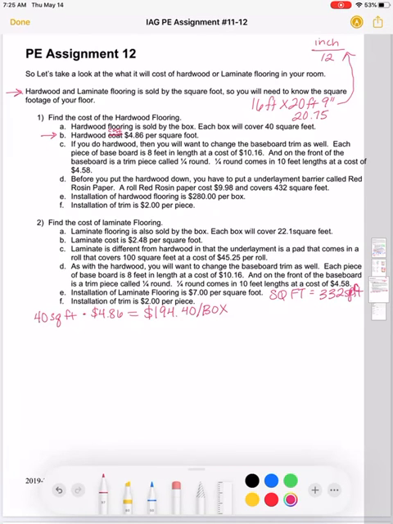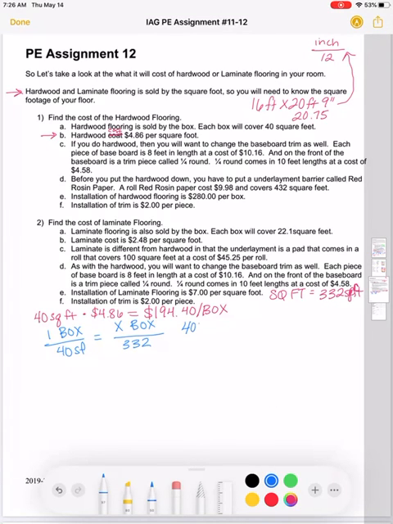Now, again, I can't buy 332 square feet of wood flooring. I have to buy a 40 square foot box. So we're going to come down here. One box is 40 square feet, and we don't know how many boxes for 332 square feet.